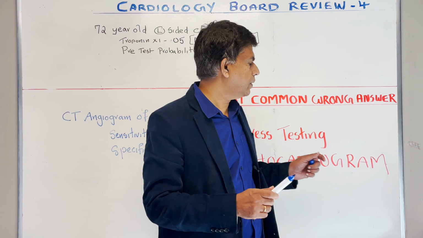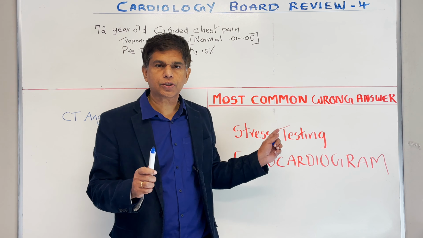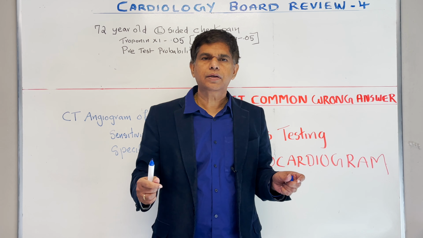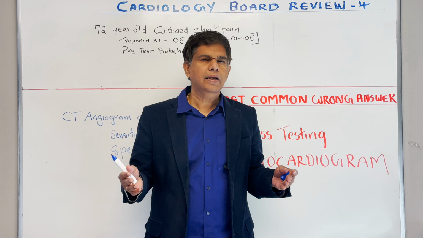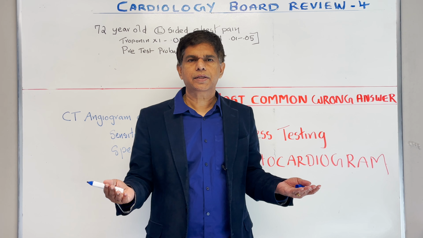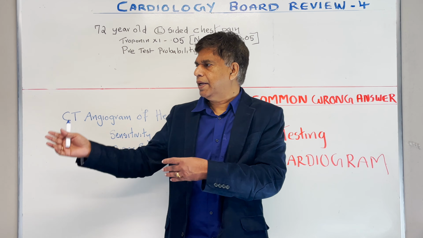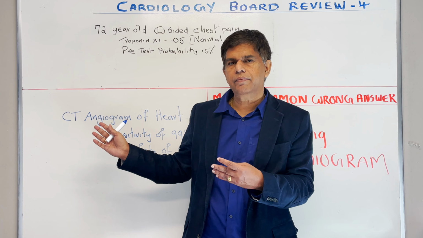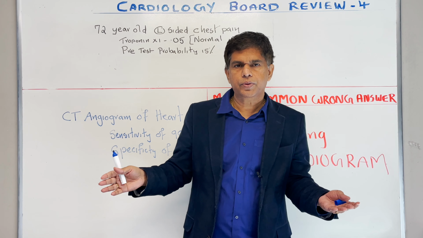When you look at the sensitivity and specificity of a stress test, like a nuclear or stress echocardiogram, it's around, I would say, 85 to 90%. Okay, so we got another good test, CT angiogram. That's the main point I want you to remember.